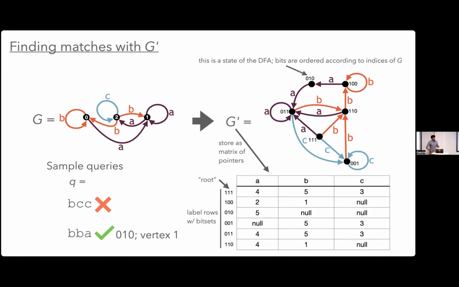But if we're trying to index genomes, like pan-genome graphs, these are going to be massive graphs. They're going to have billions of vertices. So this is kind of impractical because we'll be storing a distinct, billion-size bit set for each of these rows, each vertex of G prime.